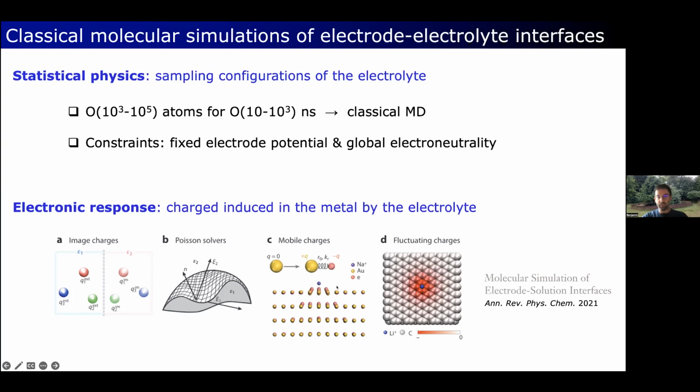And what I'm going to tell you about in more detail is another method where the charge of the electrode responds to the presence of the electrolyte, not by moving shells, but rather by changing the magnitude of the charge on each electrode atom. So it's a fluctuating charge model, which I will describe in more detail.